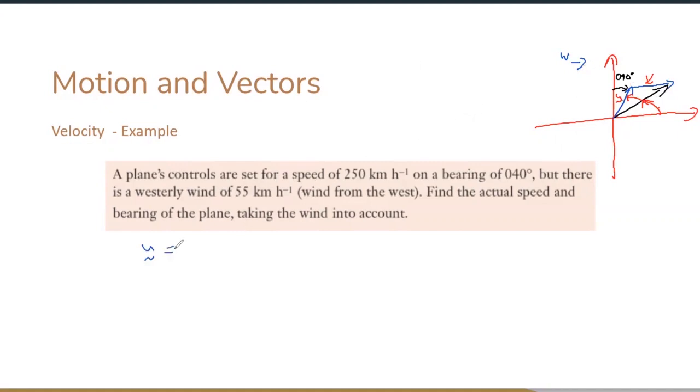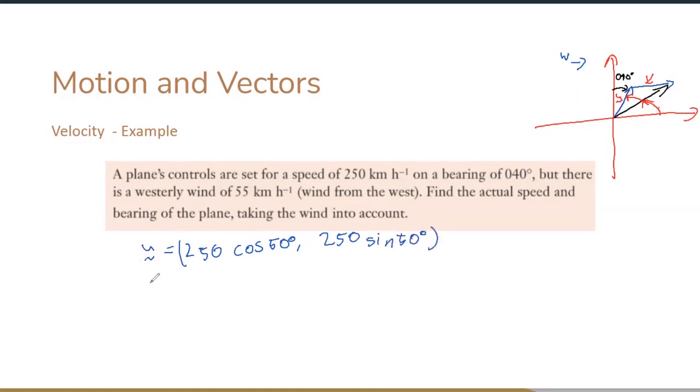So our resultant velocity vector for the plane is going to be given by 250, and this is kilometers per hour because that's our magnitude. But then our angle is going to be 50 degrees, not 40 degrees. So it's going to be 250 cos 50, comma 250 sine 50.